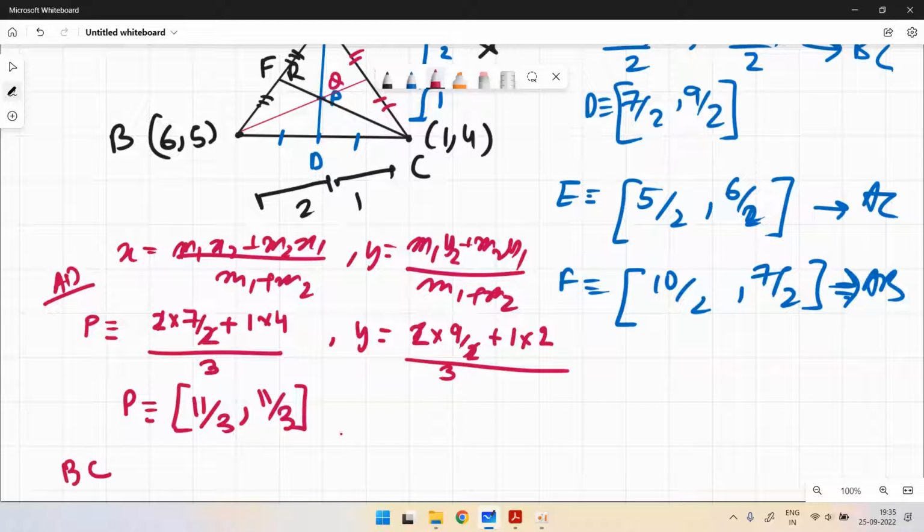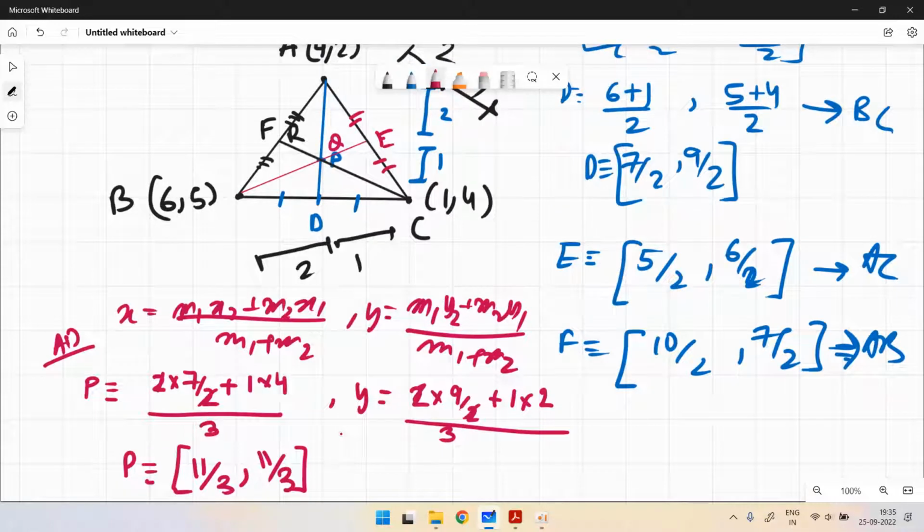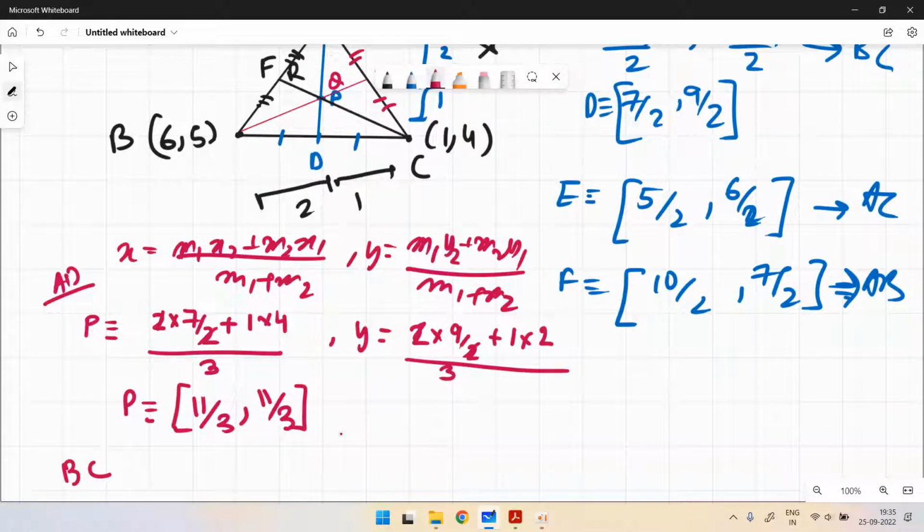Now applying for BC. Sorry, not BC, BE for getting Q. So coordinate of Q is given by m1 x2. M1 is 2 to 1.